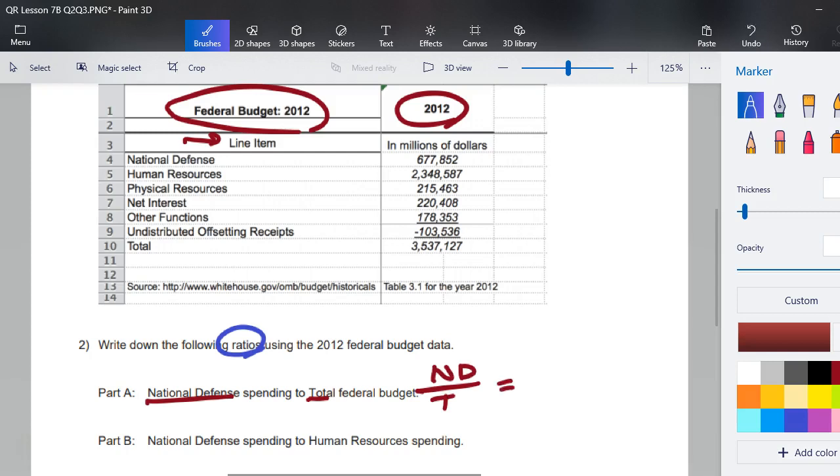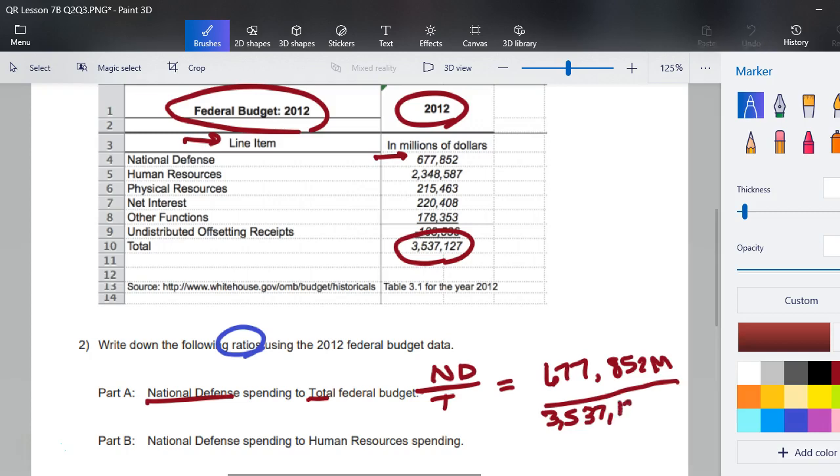That's going to help me know that for national defense, I'm going to go here, which is in millions of dollars, and I'm going to put 677,852 million. And then for the total, I'm going to put right here 3,537,127 million. So far, all it's asking us to do is to write down the following ratio.